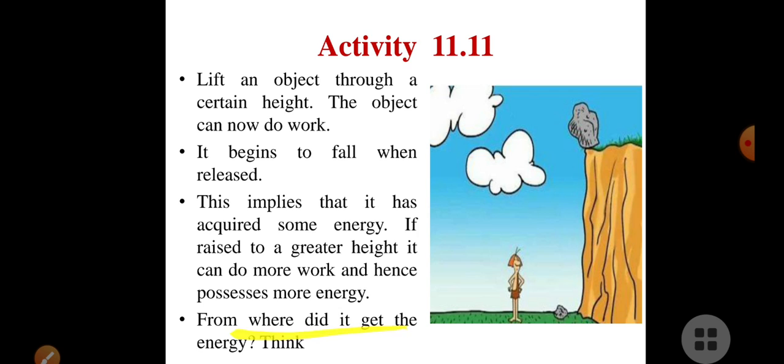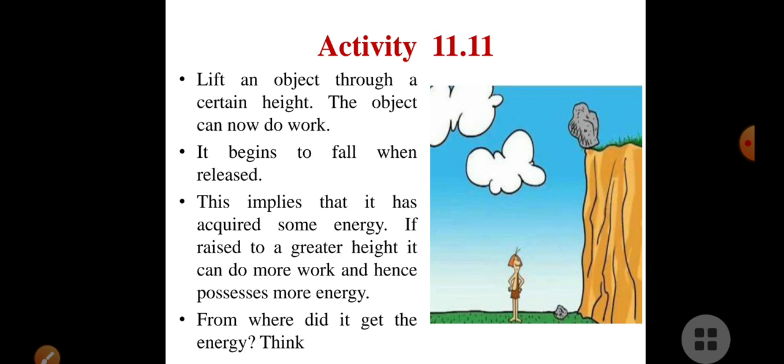From where does this energy come? These activity questions can also be in your exams. A situation can be given that you lift a brick and place it on the first floor, and when it falls on someone, it hits or it does work. From where did this brick acquire that energy?